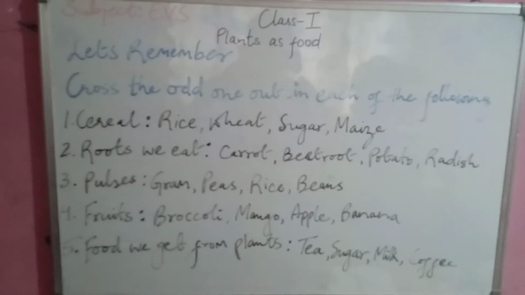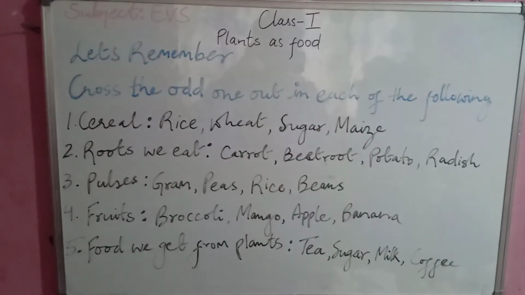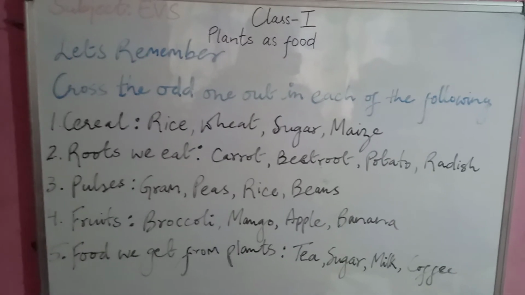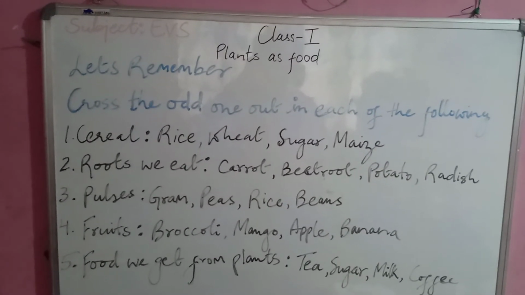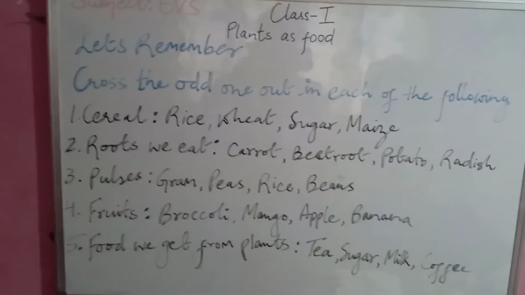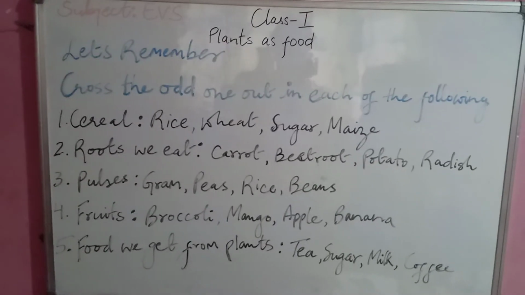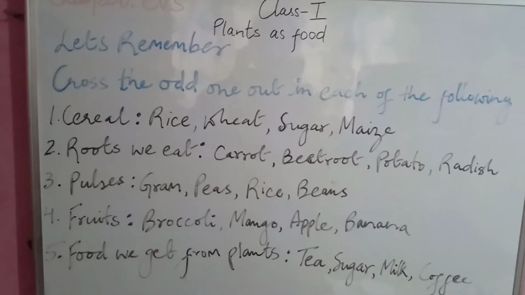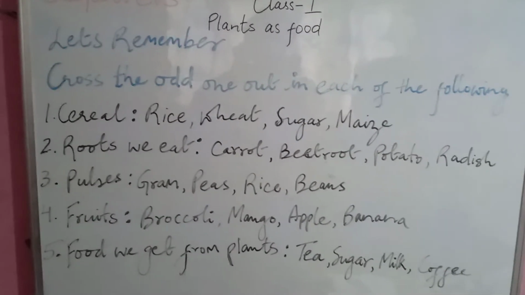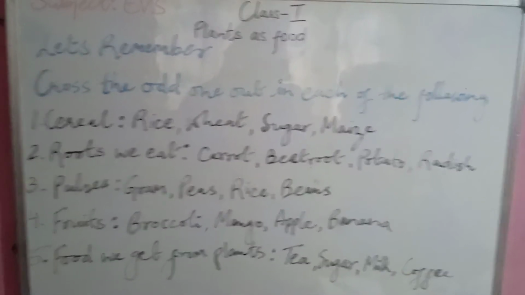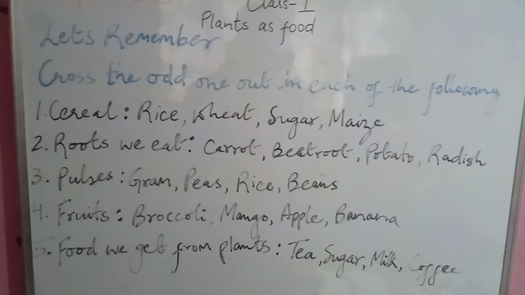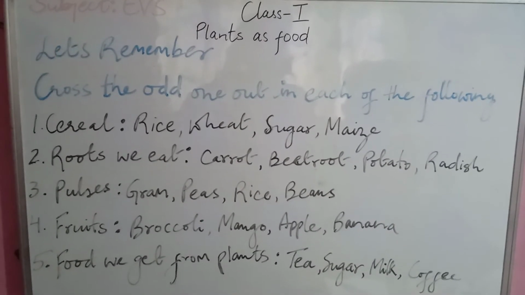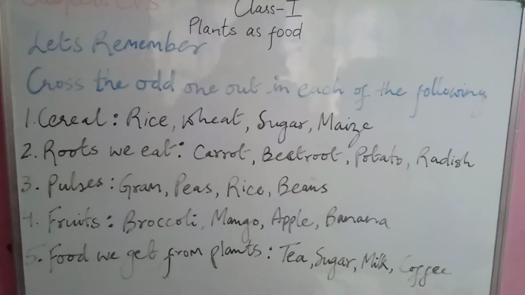So moving on, let's look at page number 38. What we have to do is cross the odd one out in each of the following. We have read about cereals, so we have to find out which one is the odd one. In cereals we have rice, wheat, sugar and maize.